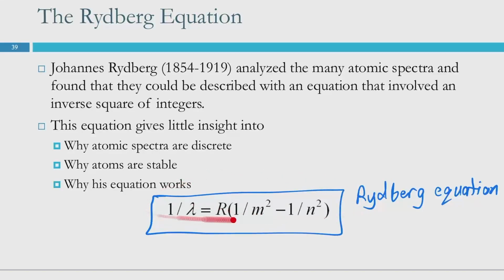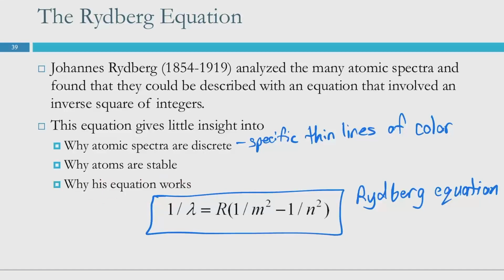However, this equation doesn't tell us why the atomic spectra are discrete. It doesn't tell us why we only have specific bands of color. Specific thin lines of color. It doesn't tell us why atoms are stable, because classical physics says that atoms shouldn't be stable.